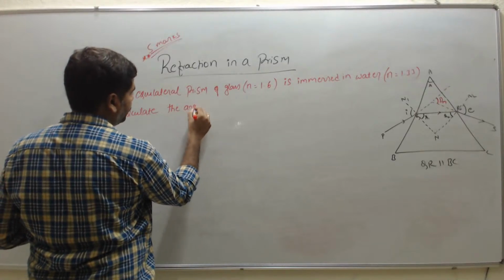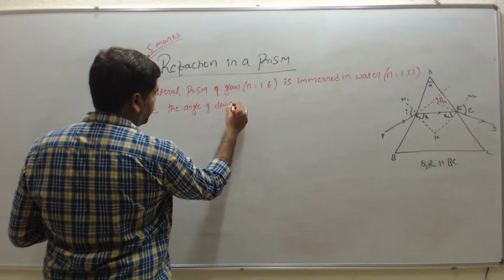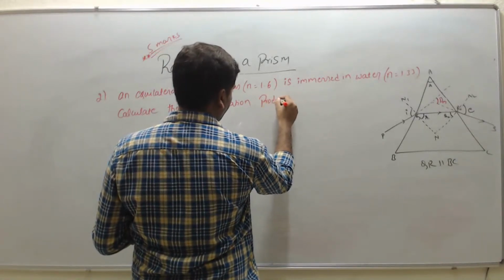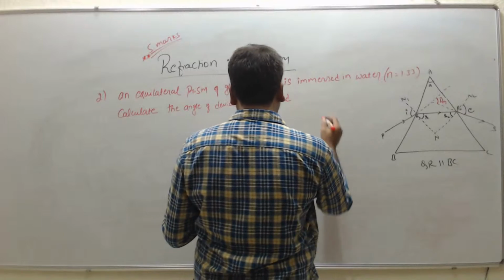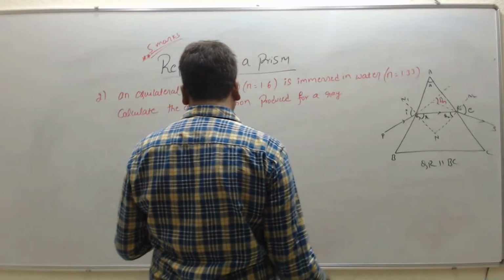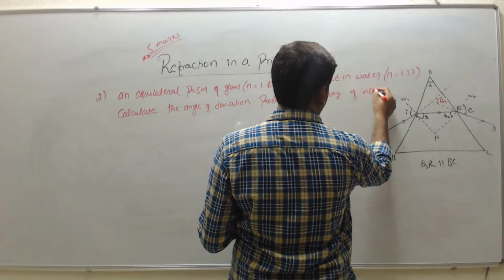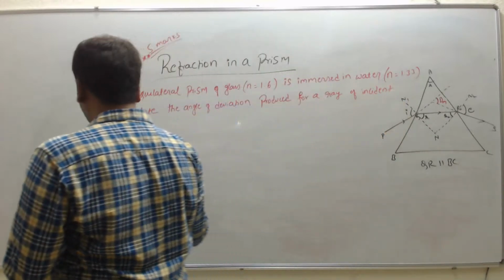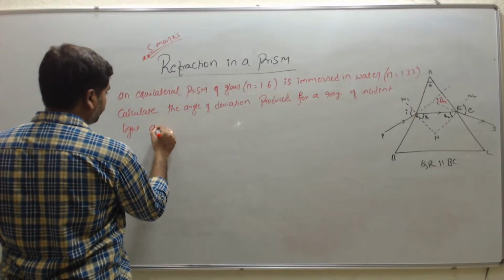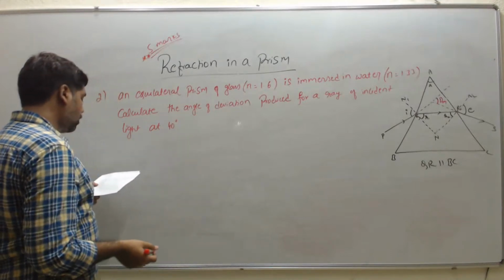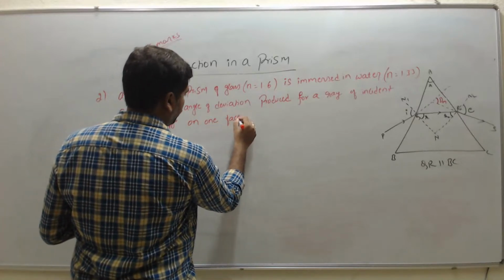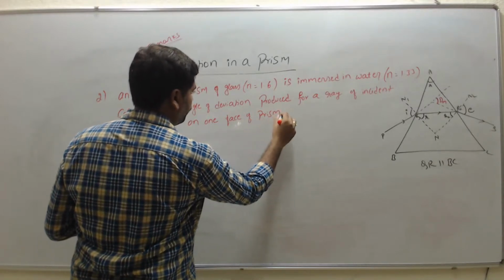Calculate the angle of deviation produced for a ray of incident light at 40 degrees on one face of the prism.